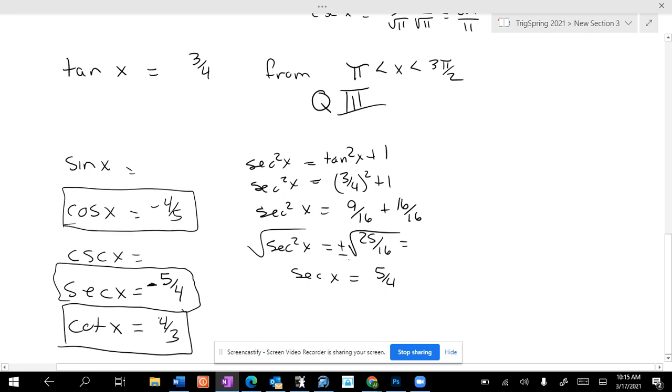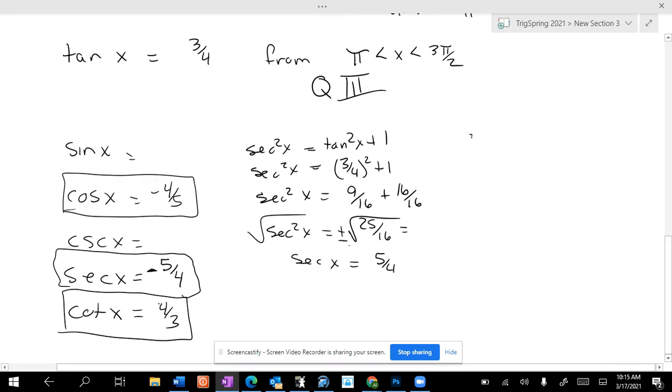Okay. Now I got to find sine somehow. How can I find sine? Well, I know sine squared of x plus cosine squared of x equals 1. So sine squared of x plus negative 4/5 squared equals 1.